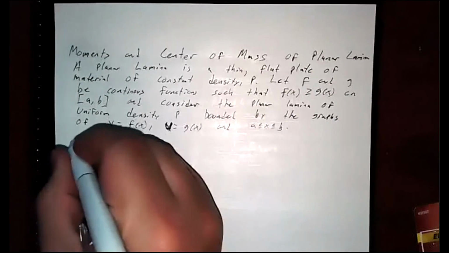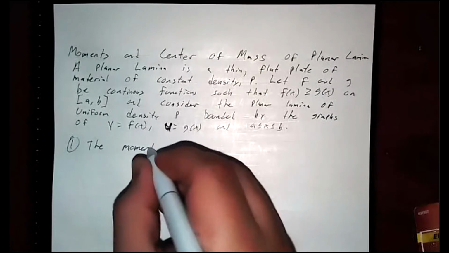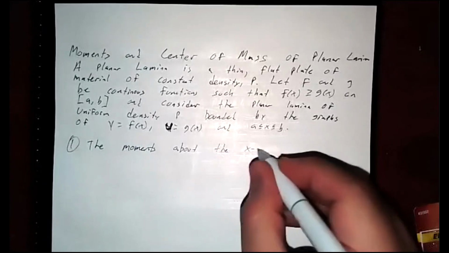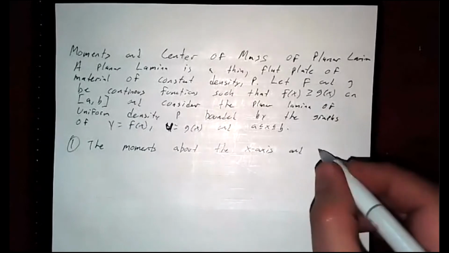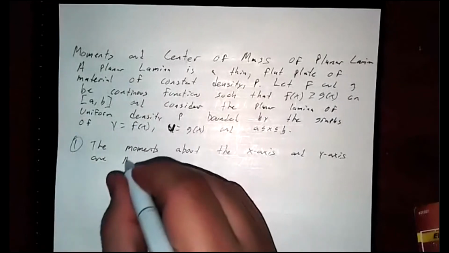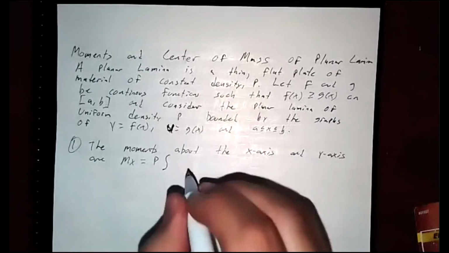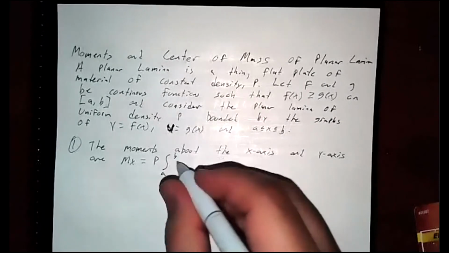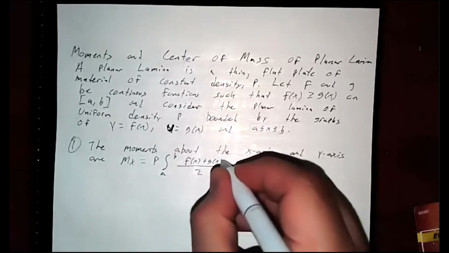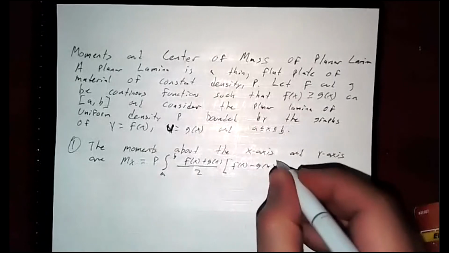All right, so number one. The moments about the x-axis and y-axis are Mx equal to P times the integral from a to b of f of x plus g of x over 2 times f of x minus g of x dx.